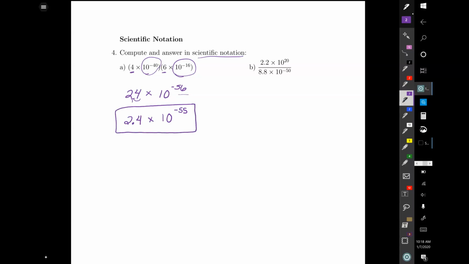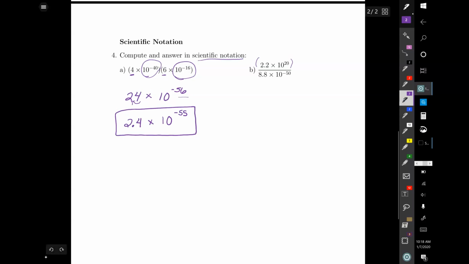For part B, we have 2.2 times 10 to the 20 in the numerator, and it's understood that there are parentheses around it even if they're not showing. Any numerator is a grouping symbol and the denominator is also a grouping symbol. So in the denominator we have 8.8 times 10 to the negative 50.